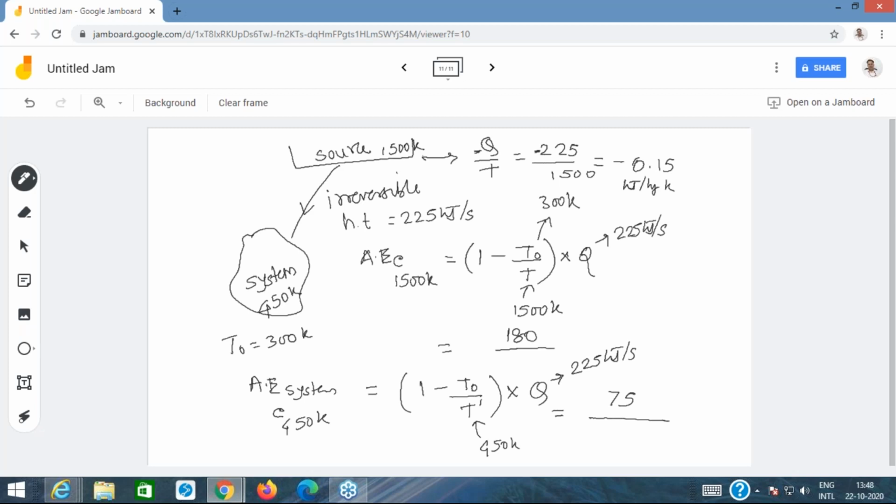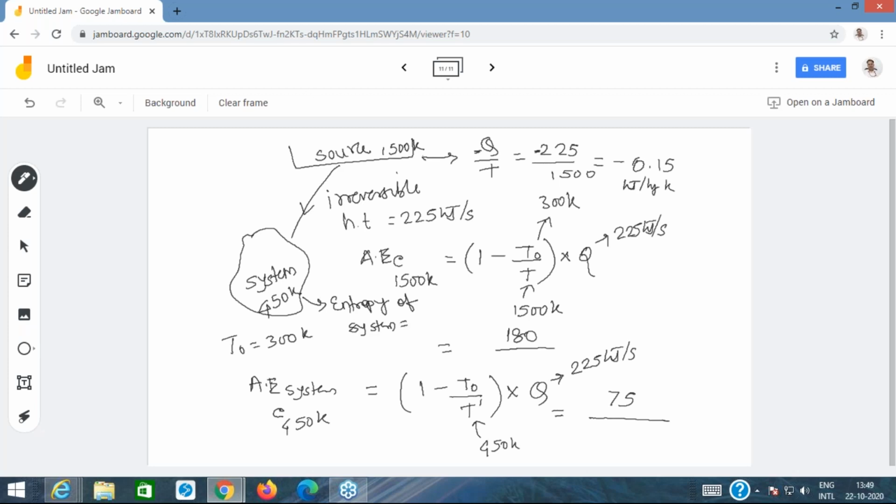Okay, what would be the entropy change of the system? What would happen to the entropy of the system, whether it would increase or decrease? So the entropy of the system would increase.